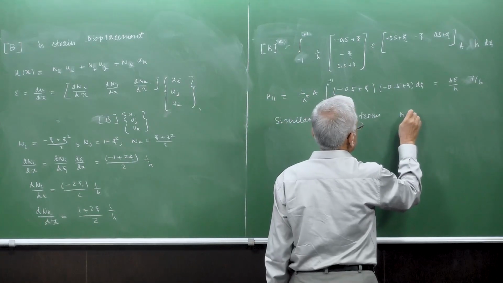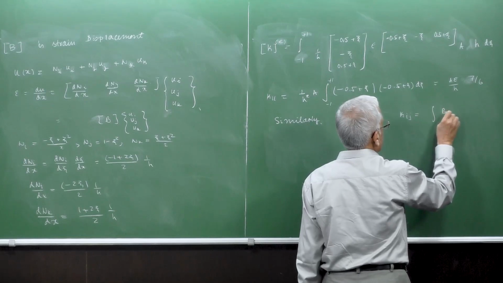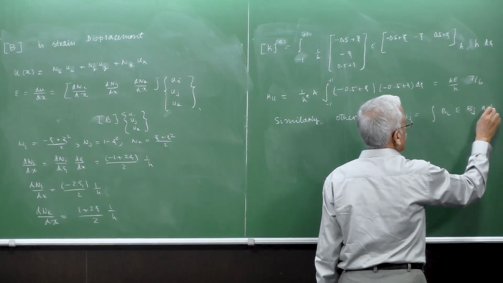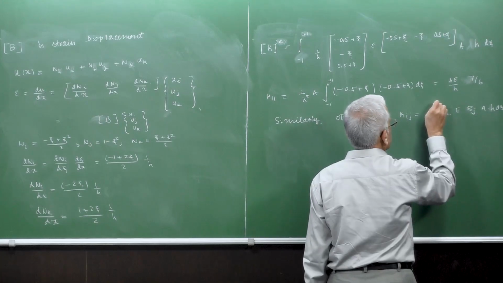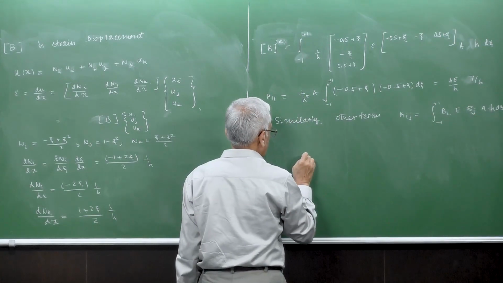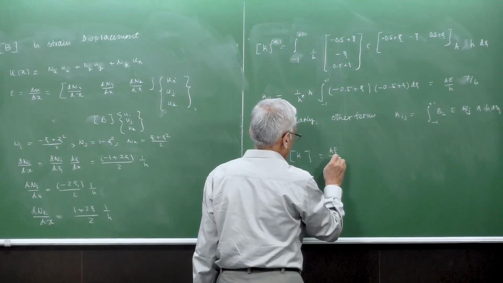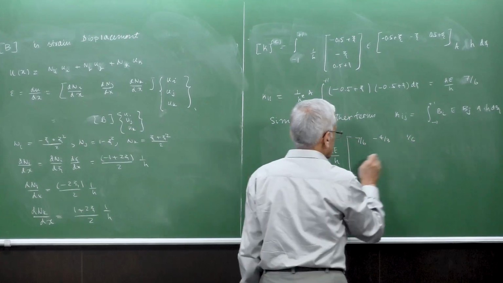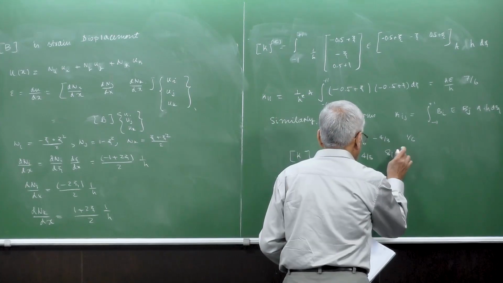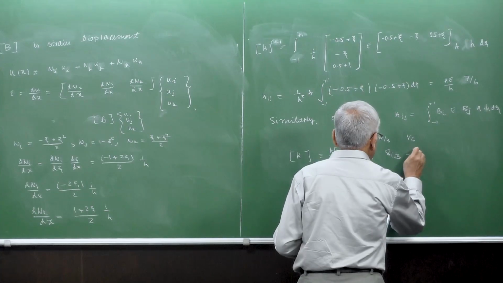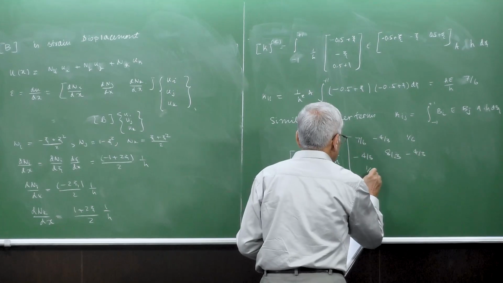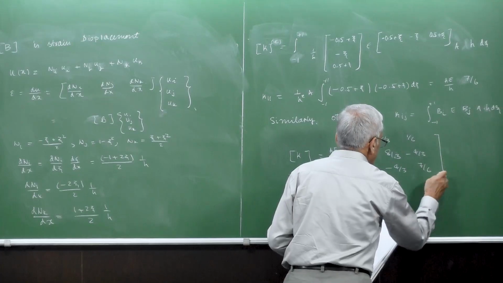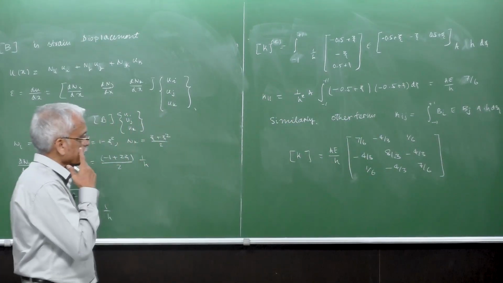Other terms like kij are nothing but Bi times Bj. So in a nutshell, I put it like this. So the full k matrix, okay, so this is the K matrix.